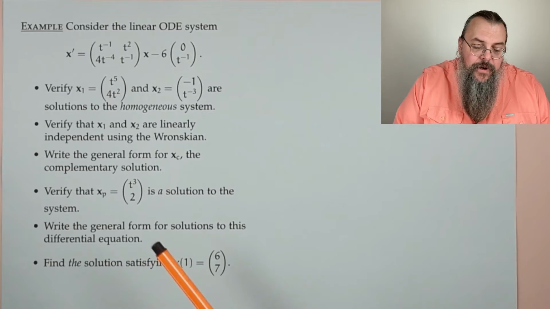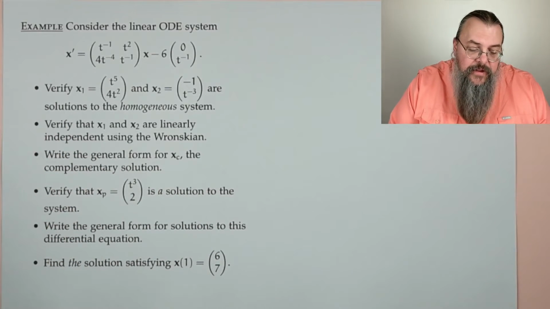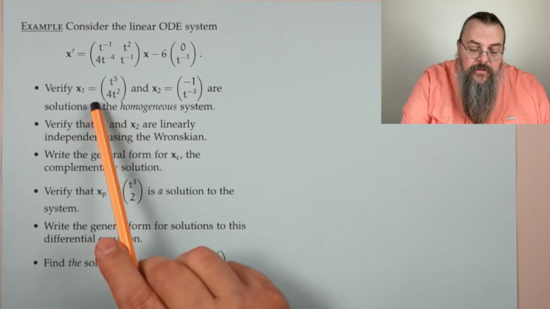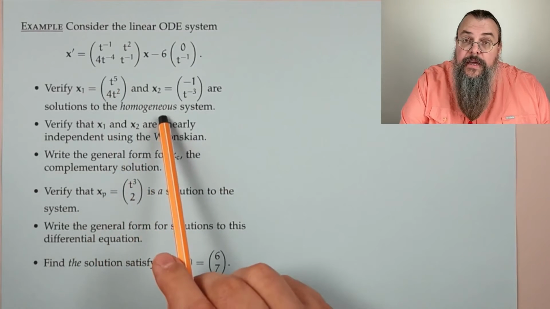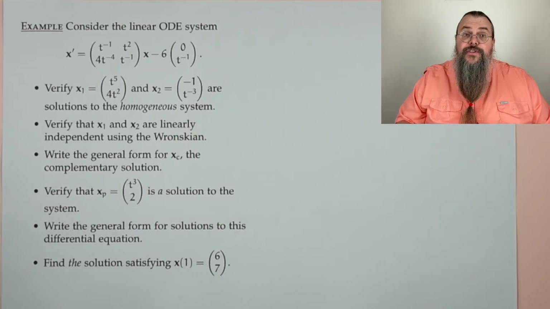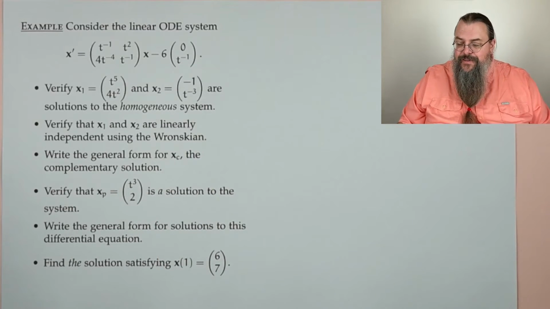Okay. Well, there's a lot of steps here for us. So let's start with the beginning. Verify that x1, which is this function t to the 5th, 4t squared, and x2, which is minus 1, t to the negative 3, are solutions to the homogeneous system. Well, what's the homogeneous system?